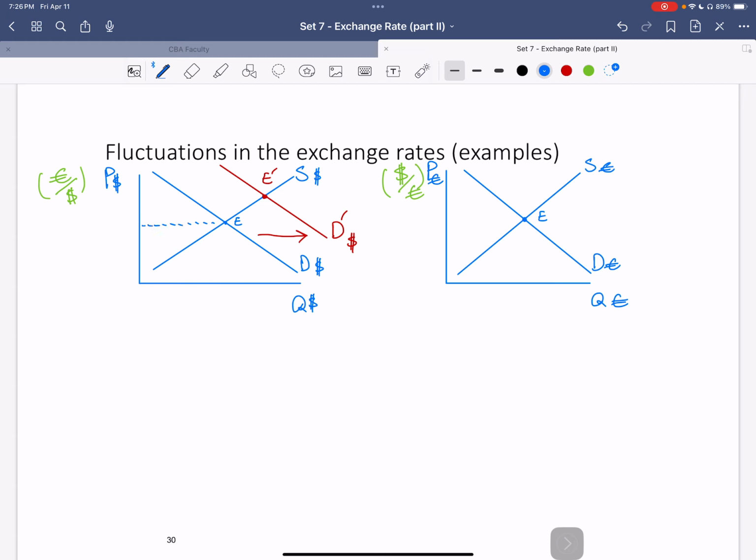Earlier, we had, let's say, 0.88 euros per dollar. Now, let's say we have point 0.90. You see, this means that dollar has appreciated.